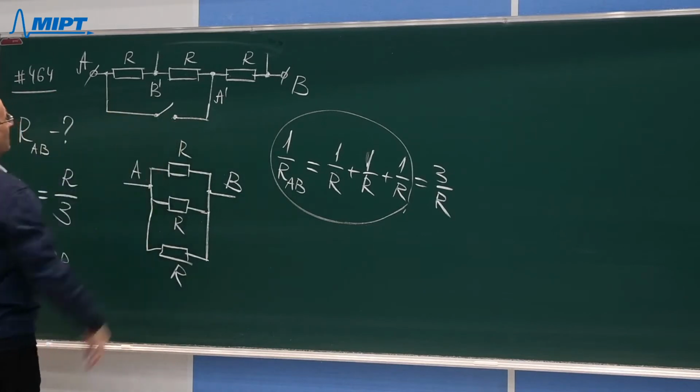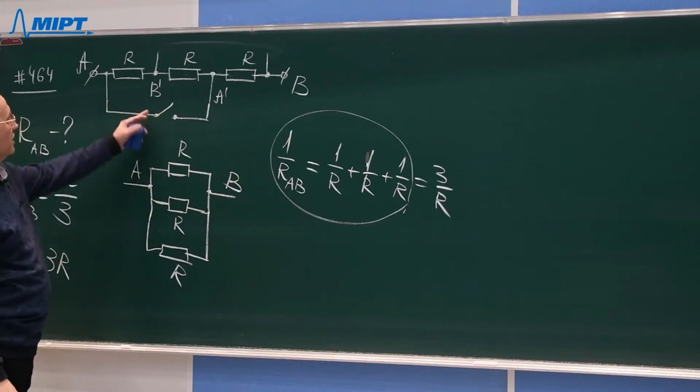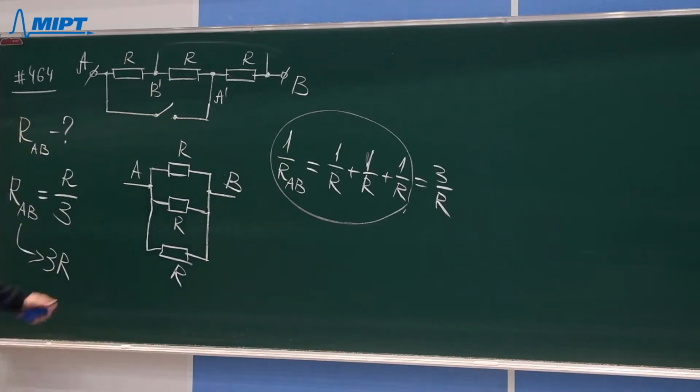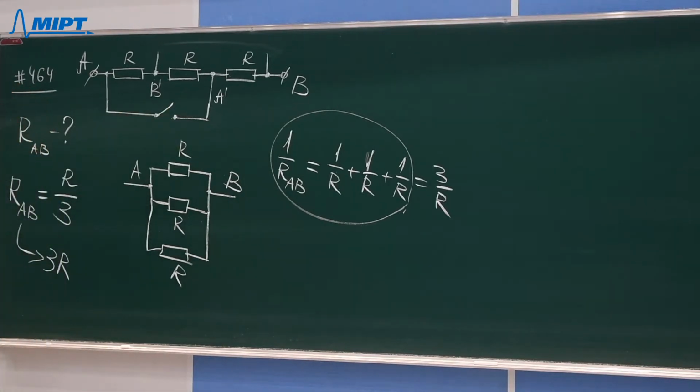So by switching this key, also it may be called a key, that is short-circuiting the contacts, we will switch between the two different values of a resistance between points A and B. Such is the analysis of problem 464.